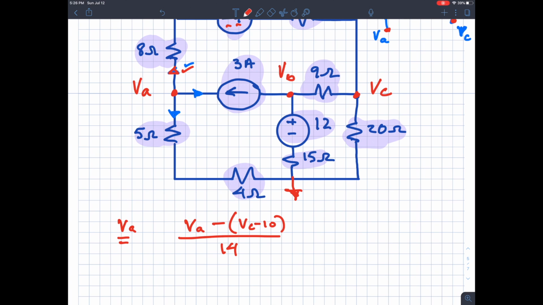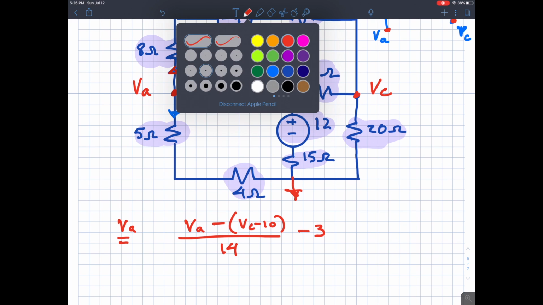Now let's do this one. This one's really easy because it's an independent current source moving in the opposite direction of what I have referenced. So this would be a minus 3. And then the current coming down, I look at the whole branch and I see, here's VA. I can slide this dot down.